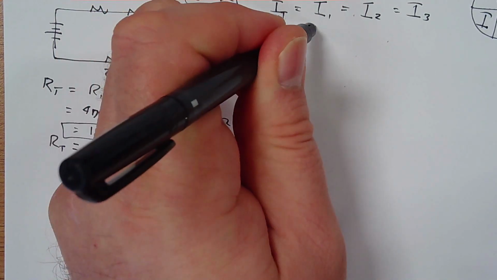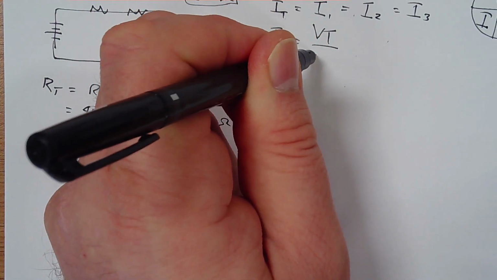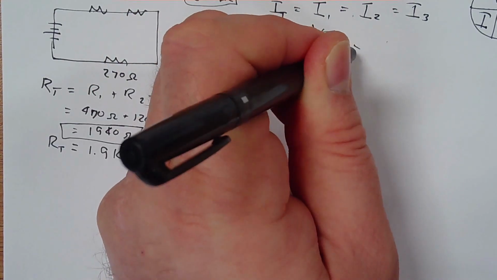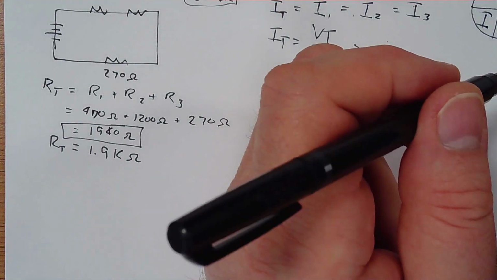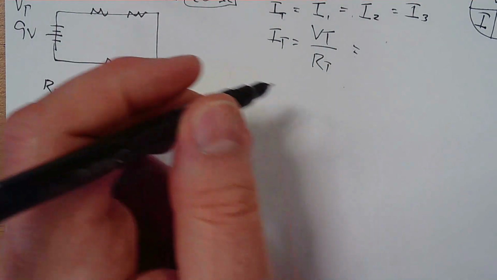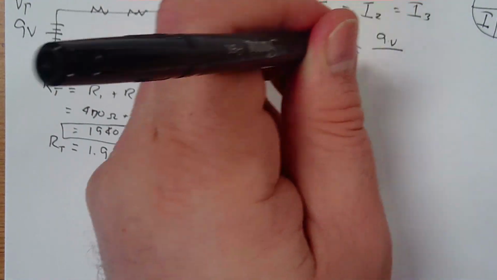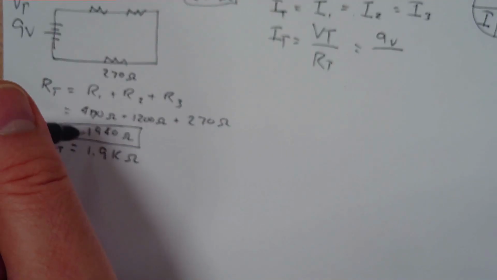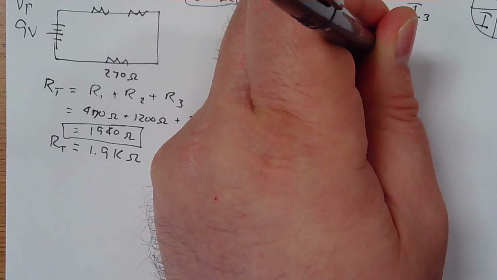IT is equal to voltage total over resistance total. Voltage total is something I didn't write down. That's 9 volts. So 9 volts over resistance total of 1940 ohm.